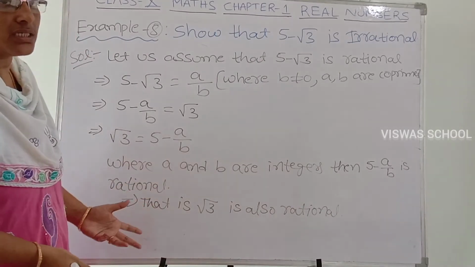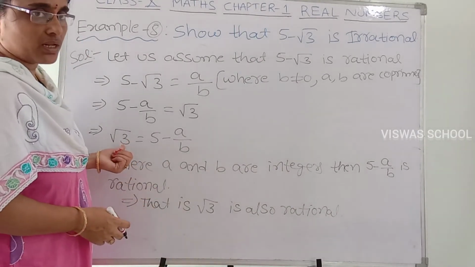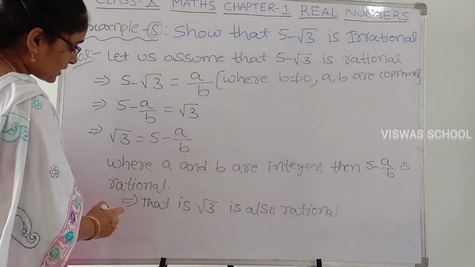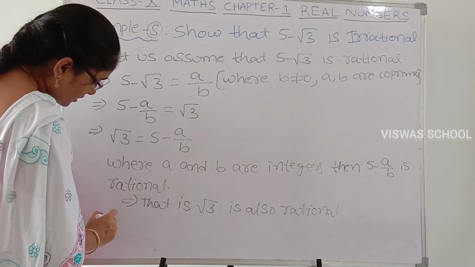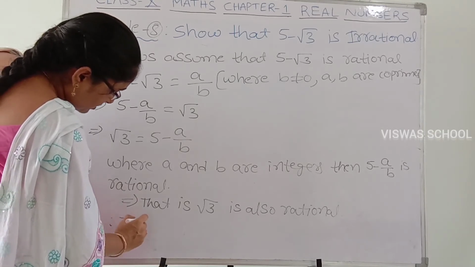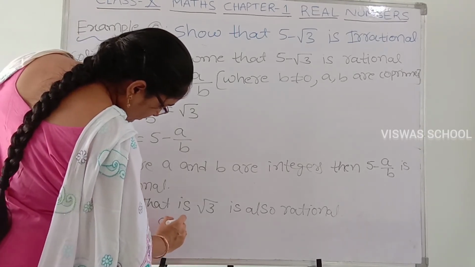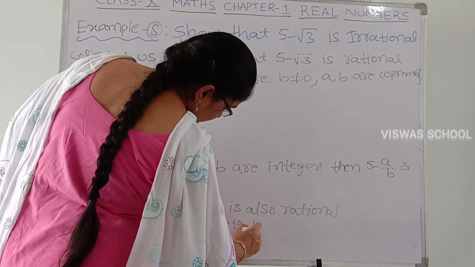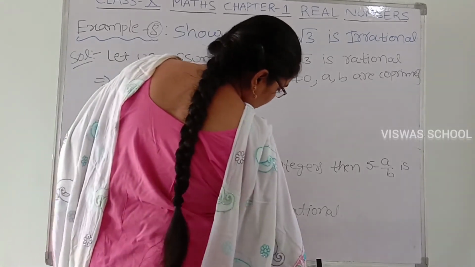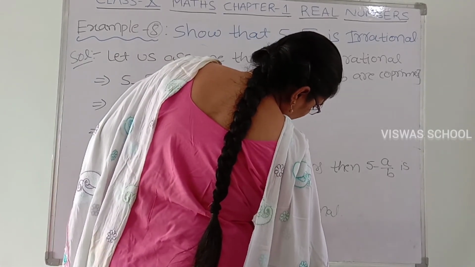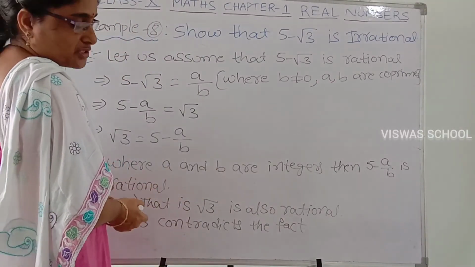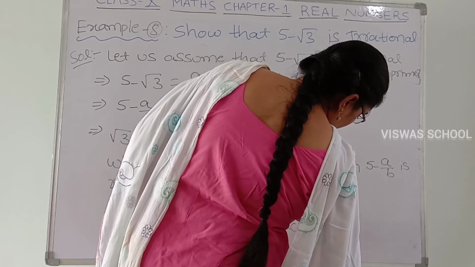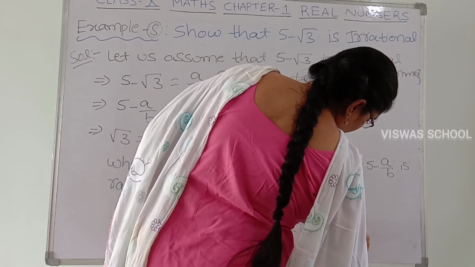But the fact is, is root 3 rational or not? No, root 3 is an irrational number. This contradicts the fact that root 3 is irrational.